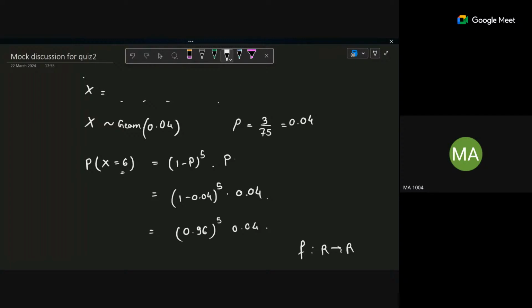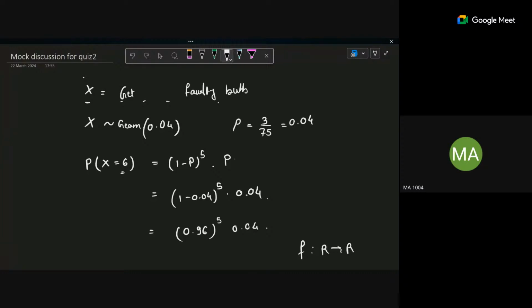Success means obtaining a faulty bulb, or you can say getting the first faulty bulb. That is also fine. So my random variable is success on getting a faulty bulb.